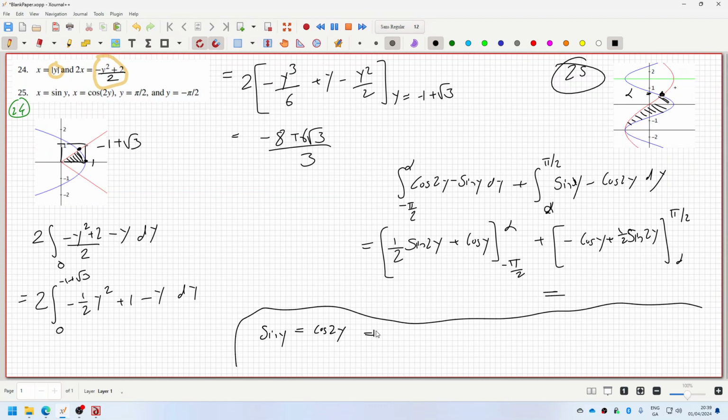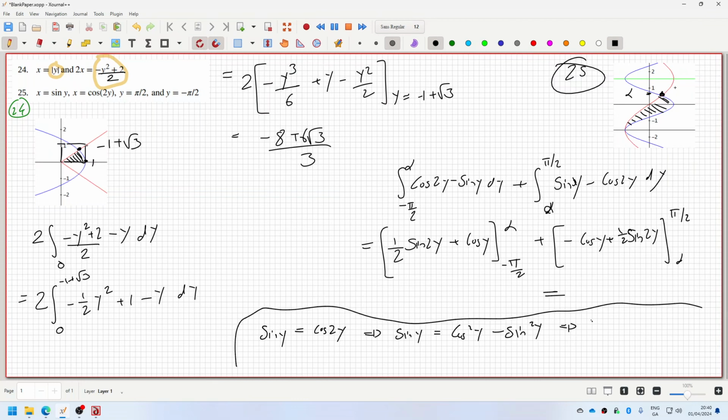That means I have sine y equals cos squared y minus sine squared y, which is 1 minus cos squared y. No, I should change it to sine squared, because cos 2y is cos squared y minus sine squared y.